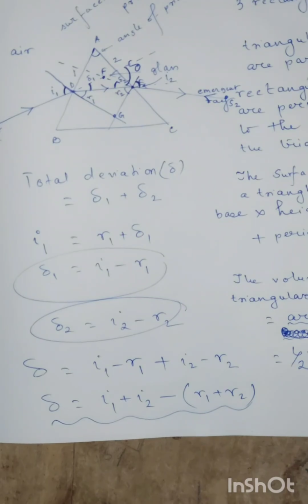So we need to replace R1 plus R2 by something, or we are going to write delta in such a way which will make it easier for us to calculate the value of it.